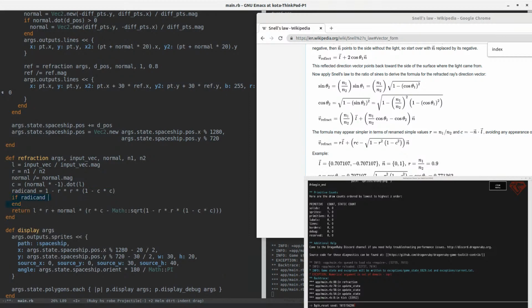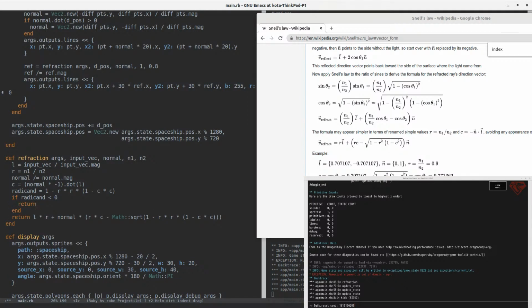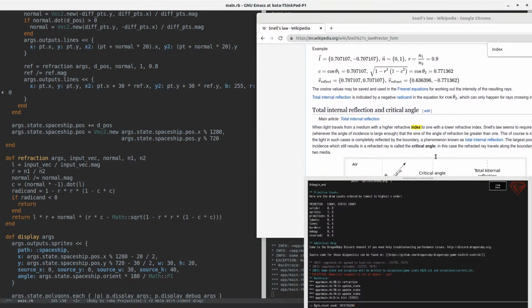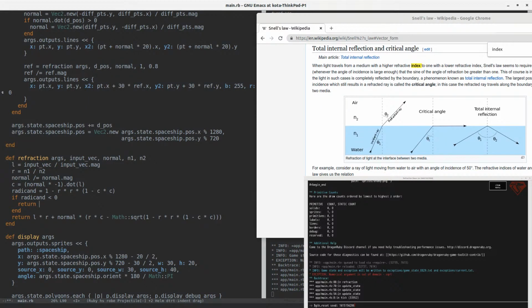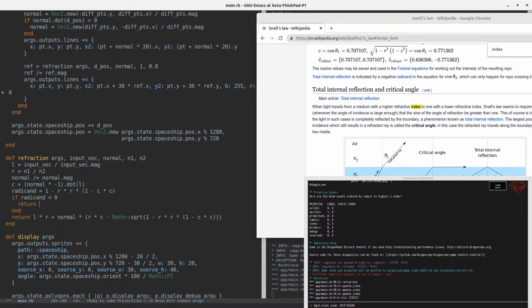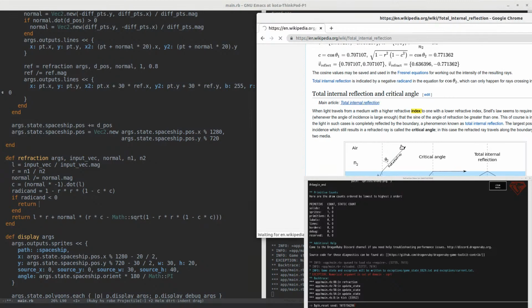If radicand is less than 0, then we return, and I think the total internal reflection is just that the, let's see, total internal reflection.